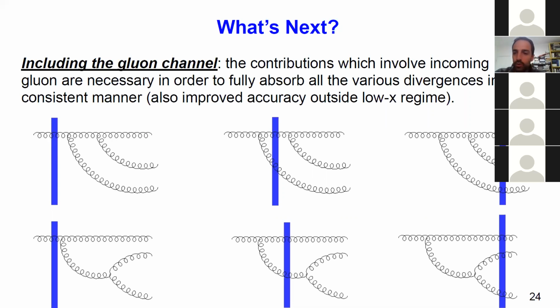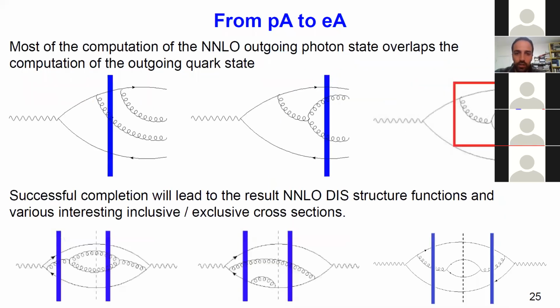If we want to absorb all the divergences into DGLAP in a correct manner, we have to include also these diagrams. So this is something that we want to keep in mind, maybe as a future project.